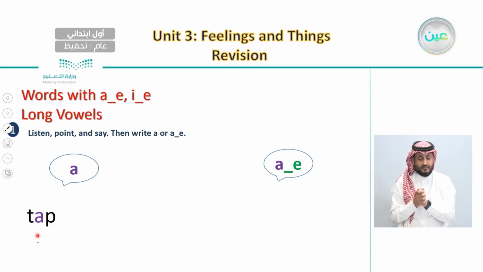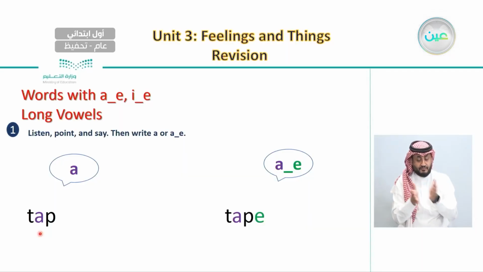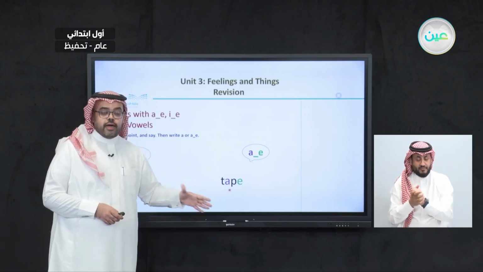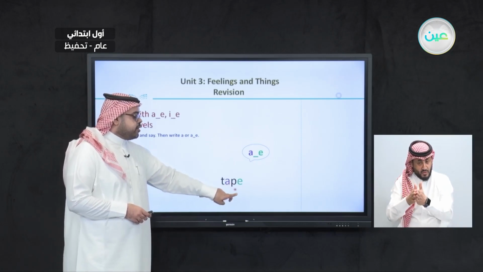For example, here we have this word, and say after me, tab, tab. So here this word has A in the middle, and we pronounce it as a short vowel, tab. But when we add E to the word, in this case we pronounce A as a long vowel. Here we say tape, tape.